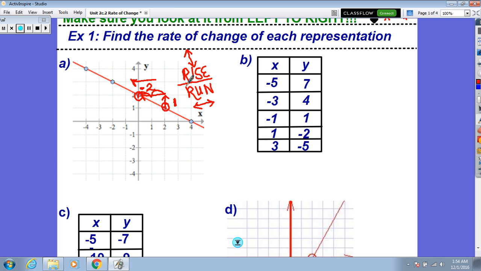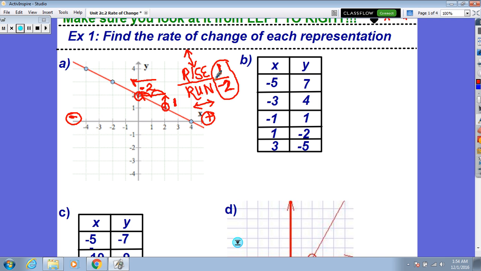Now we just put the numbers over here so that we can create our slope. So we rose 1 and we ran negative 2. And it's always negative if you're moving to the left. It's positive when you move to the right. Okay? That's it. I have just found the rate of change of this line.